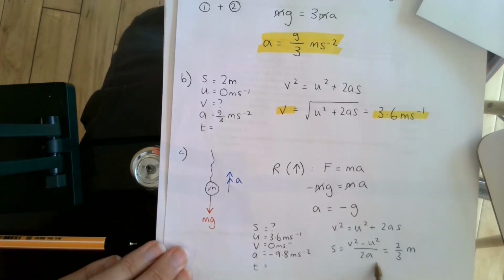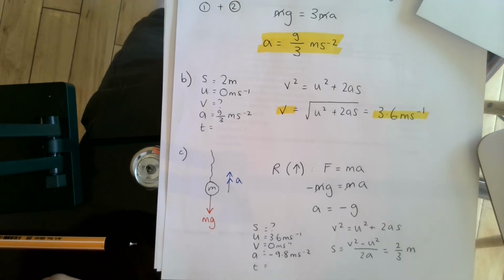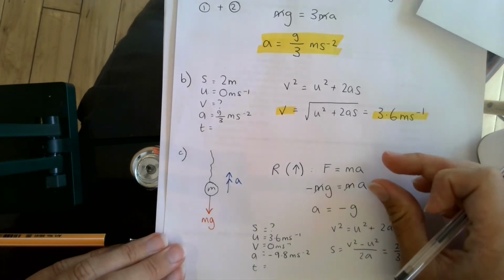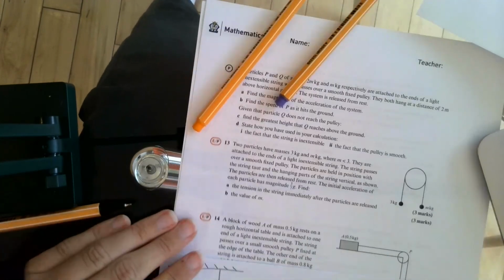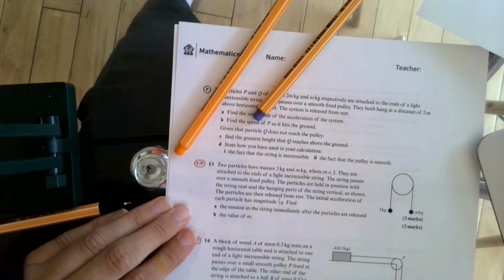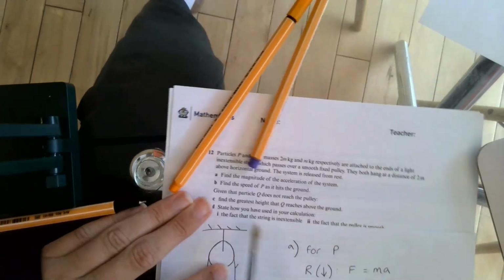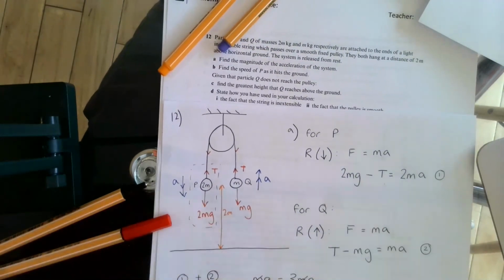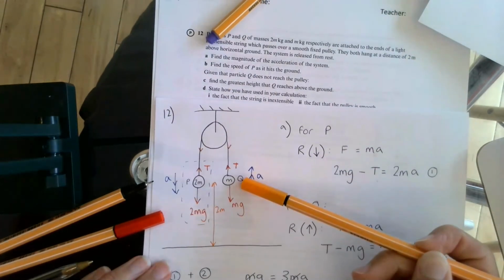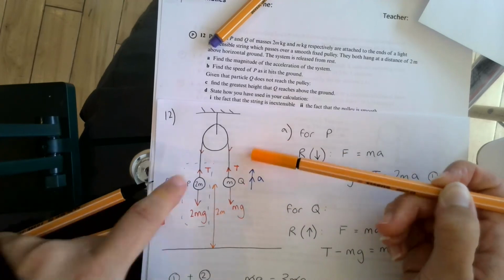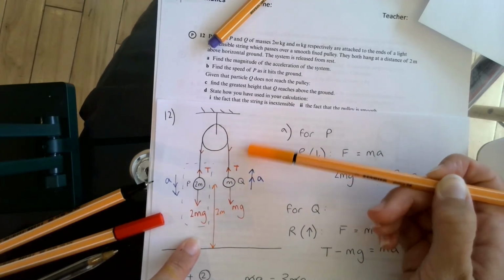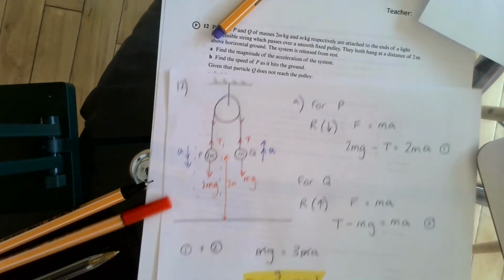Now that's not my final answer, because we know that Q has already travelled 2 metres up. The question says, find the greatest height that Q reaches above the ground. Well, what we've said is that Q first travels 2 metres, that's as P is going downwards and hits the floor. Then it travels another 2/3 of a metre, that's what we just worked out.